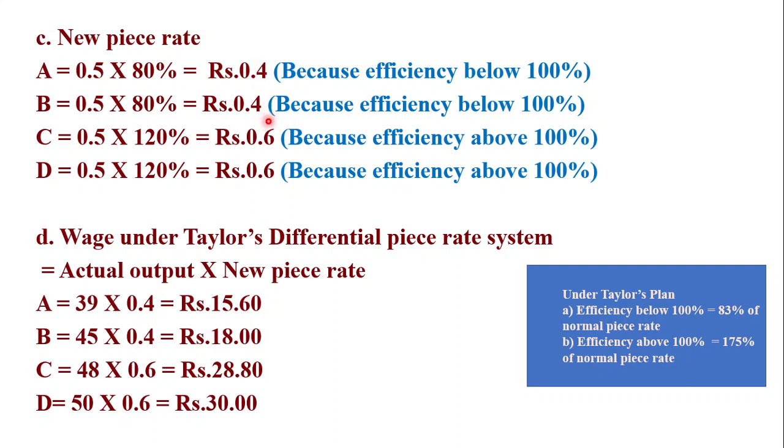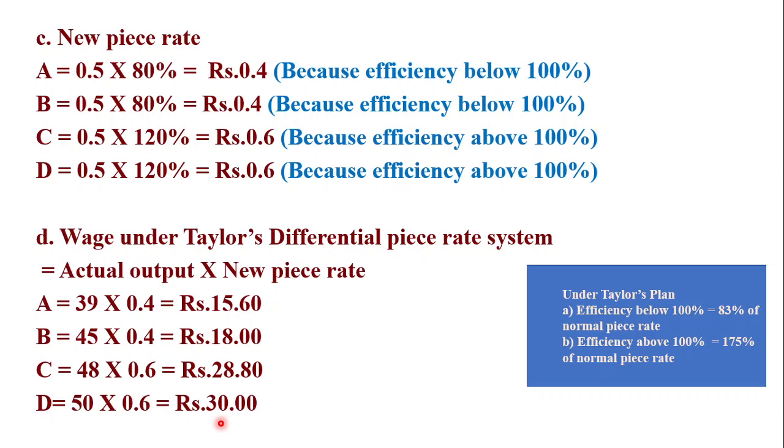Here we have calculated, for A and B 0.4 and for C and D 0.6. So we will get the wages. For A 15.60, for B rupees 18, for C it is 28.80 and D rupees 30 under Taylor's differential piece rate system.